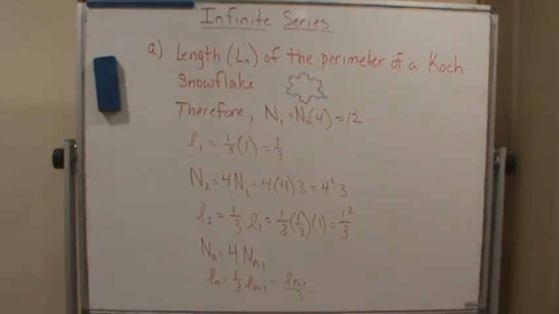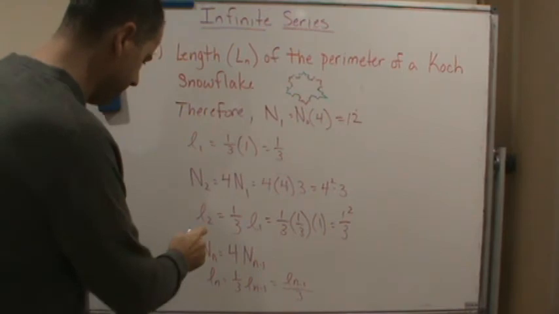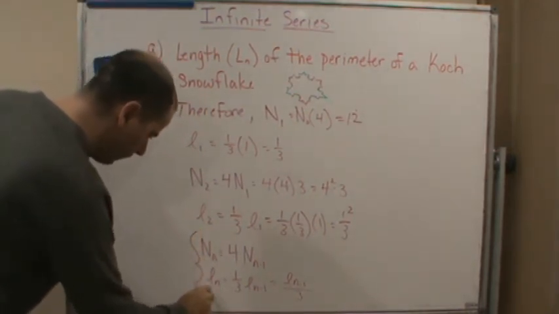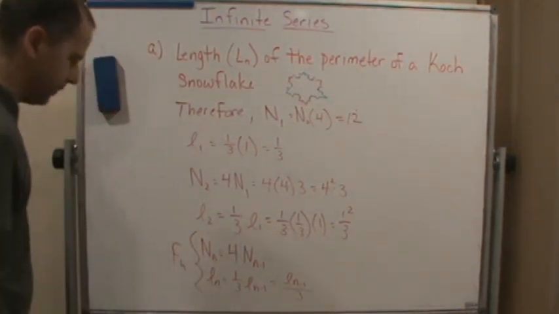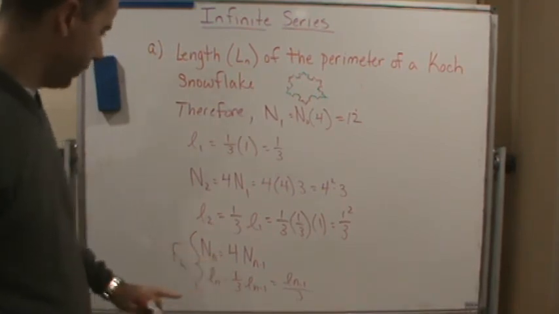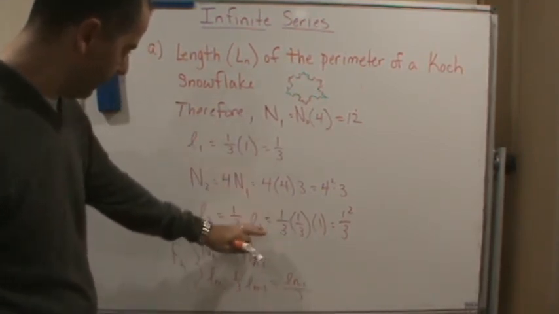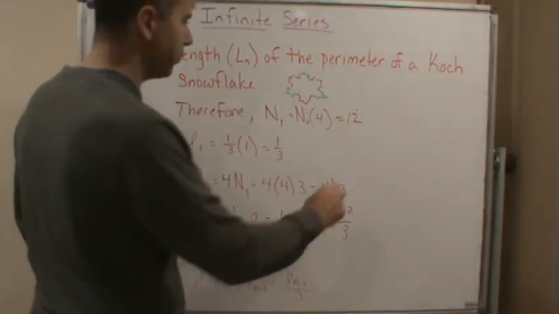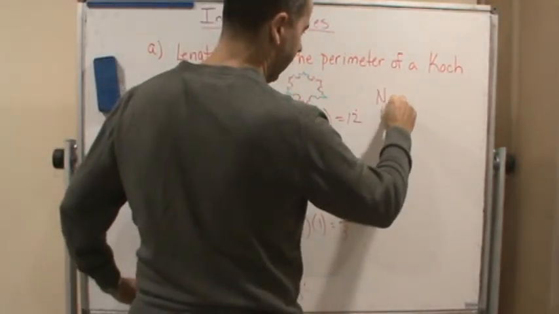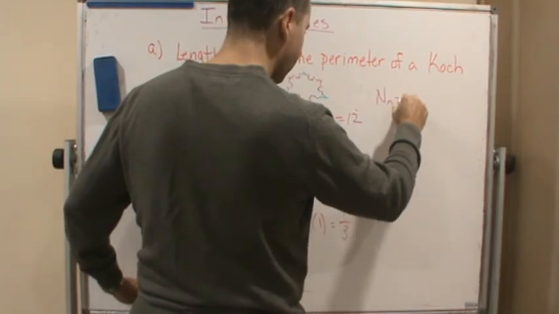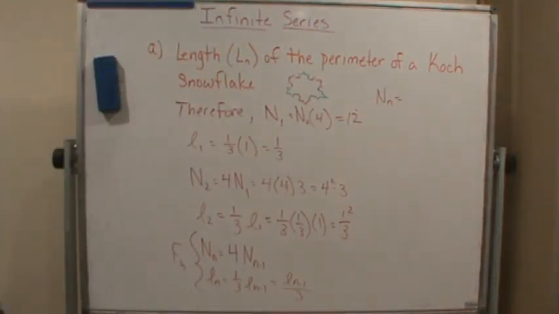Therefore, now we have the number of sides. So this is for figure F sub n. Now if we go to this here using what we figured out here, we can also write N sub n is going to equal what?